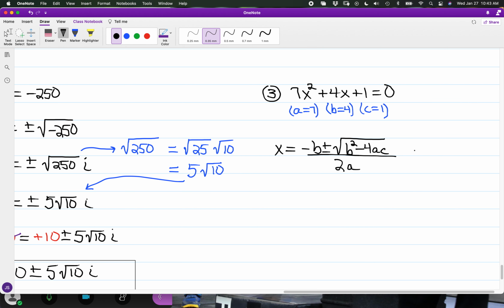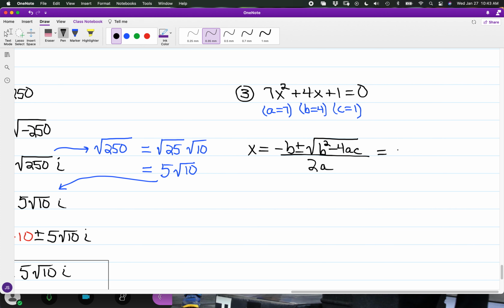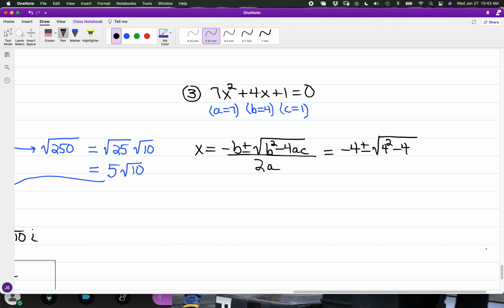So with negative b we have negative 4, plus or minus the square root. Now b squared we have at 4 squared, and minus 4ac, so you have minus 4 times 7 times 1. You have all over 2a, so this will be 2 times 7.